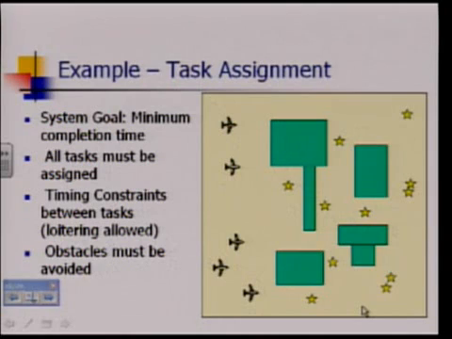Nonlinear optimization? Understand? I hope everyone understands the problem. And why is this problem hard?